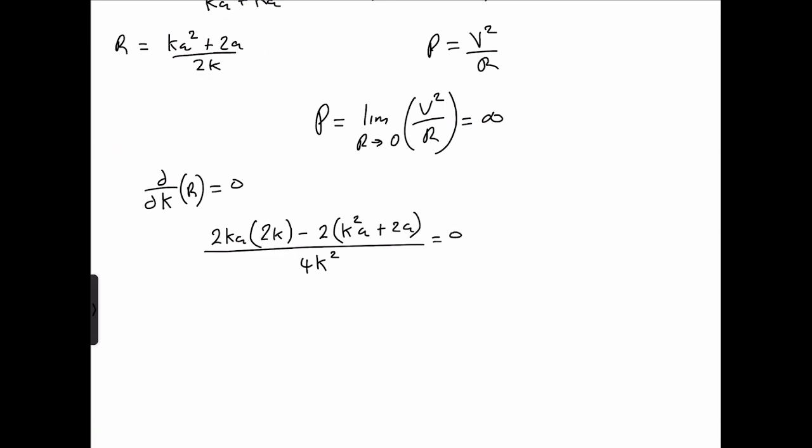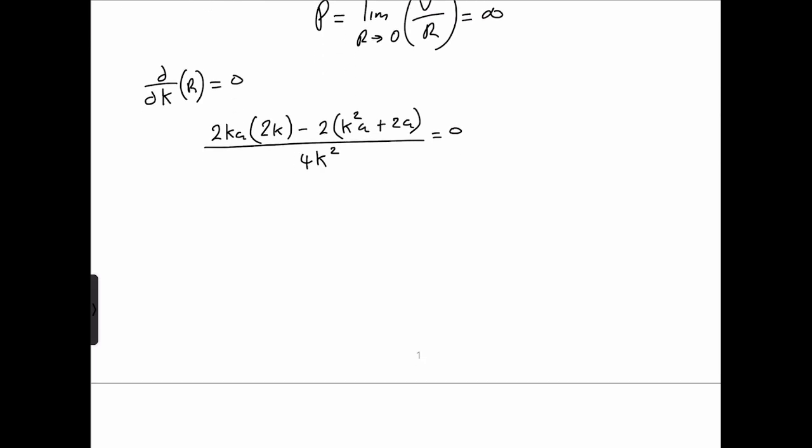Automatically, we see if we multiply each side by 4K squared, the denominator goes away. Let's keep it for the totality of the problem. So I'm multiplying the equation by 4K squared.